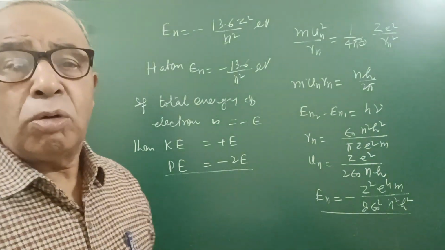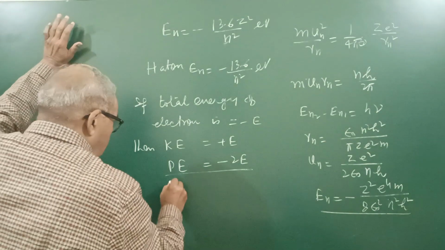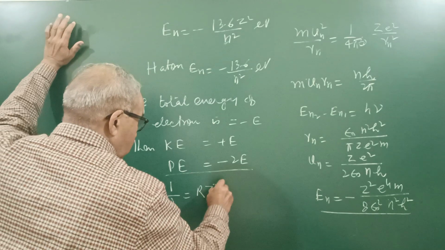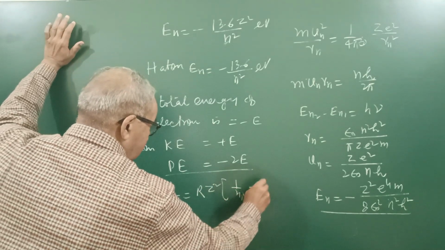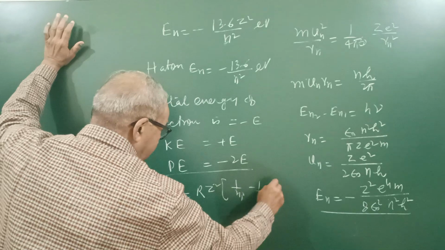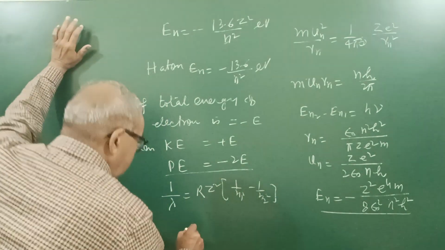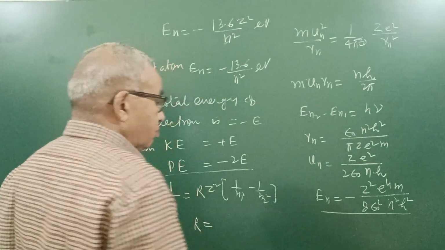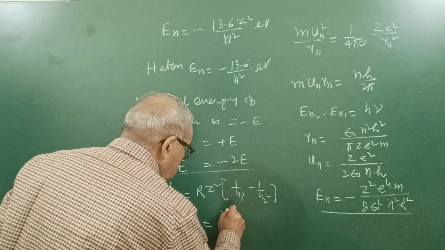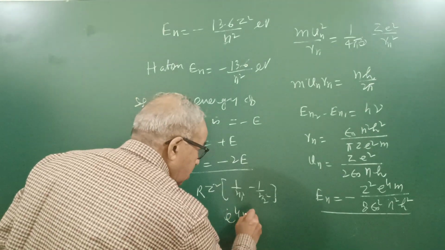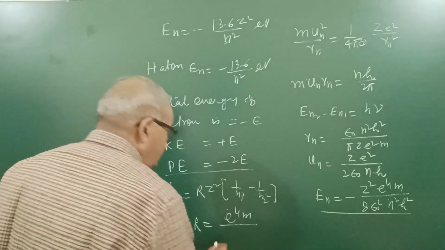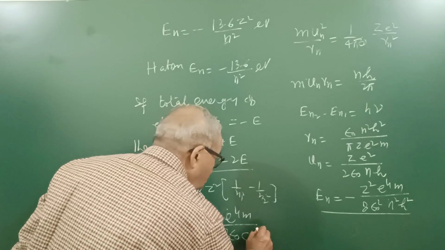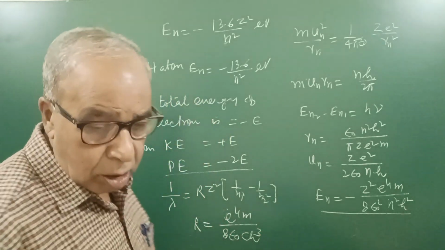And then later on we derived 1 upon lambda equal to R Z squared into 1 upon n1 squared minus 1 upon n2 squared formula. R is the Rydberg constant, and R equals Z e^4 m upon 8 epsilon 0 squared c h cubed, the Rydberg constant.